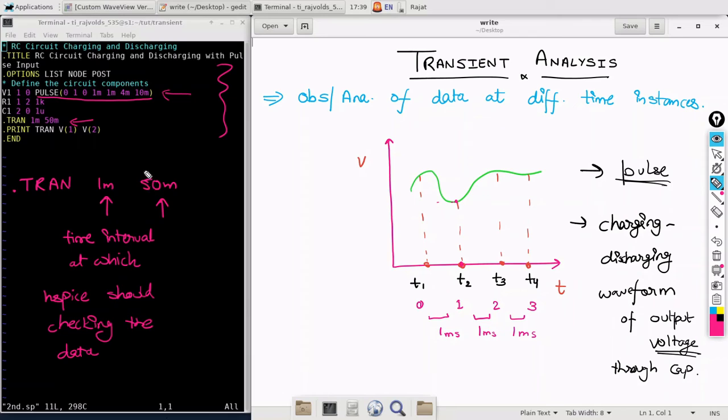50m, that is 50 millisecond, is the total time up to which the HSPICE should be running the program. It means that it has to generate the data or analyze the data up to 50 milliseconds. So it is the total time of simulation.